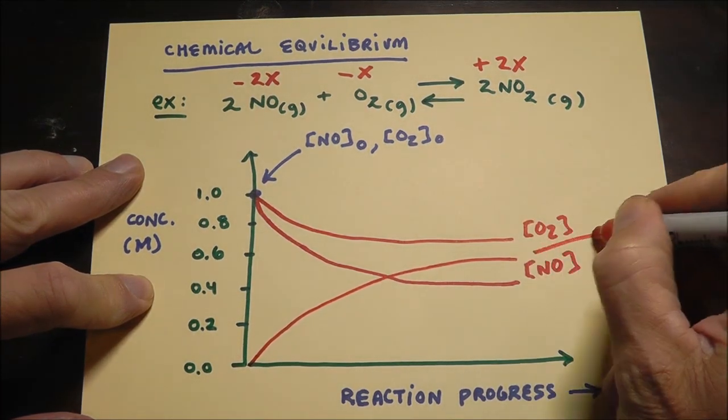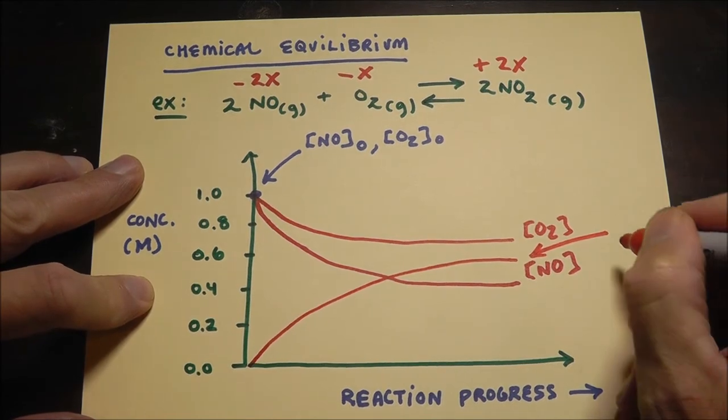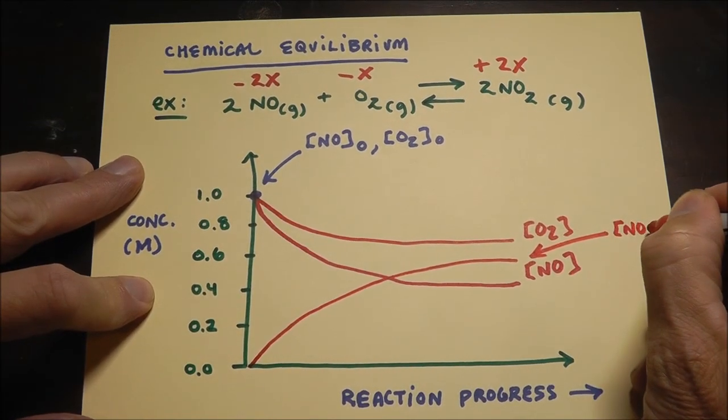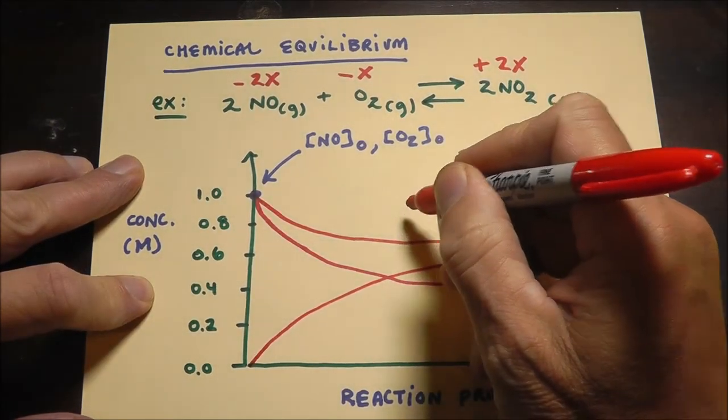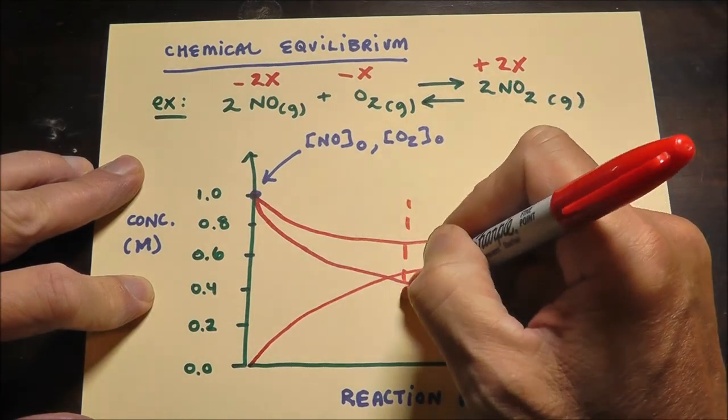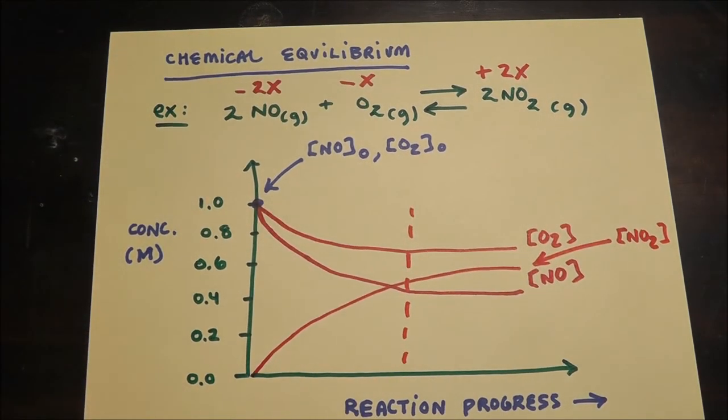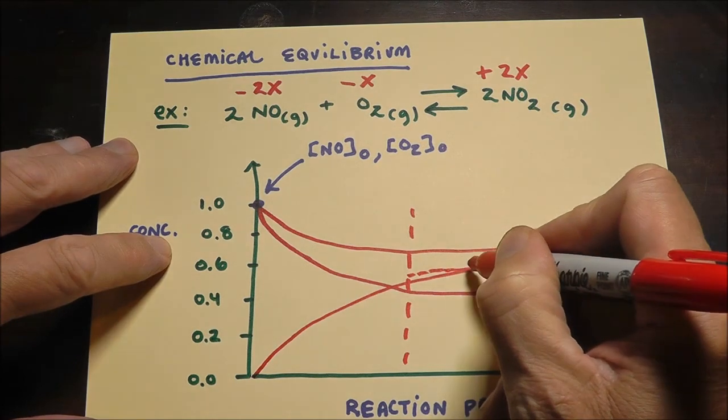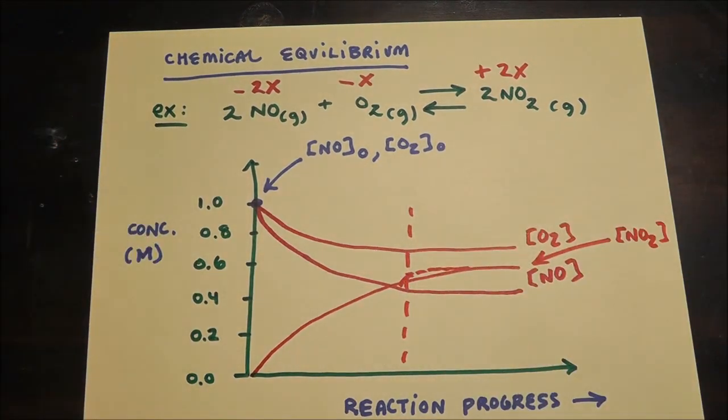So that would be the concentration of NO2. So I'm going to draw a little dotted line here. This is the point, and I'm sorry, that line should have been straight, where everything sort of stops changing.